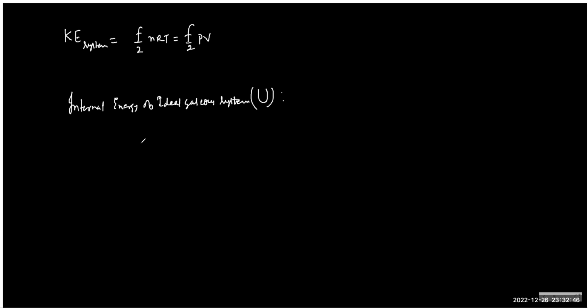Capital U. And we discussed that the capital U is nothing but the kinetic energy of the system, right? Both are the same thing, just a way of saying. So can we say U equals F/2 nRT? Yes. So this is the formula for the internal energy. Now we have derived the internal energy of a system.